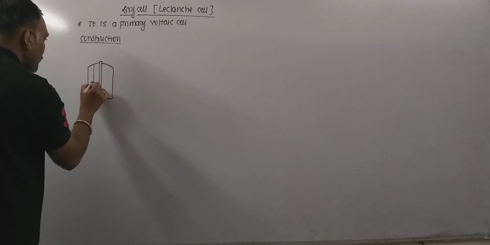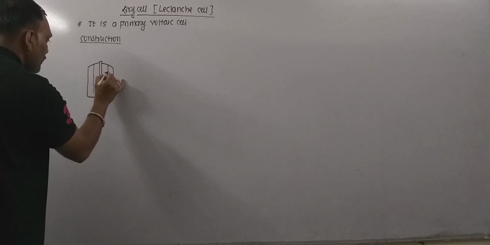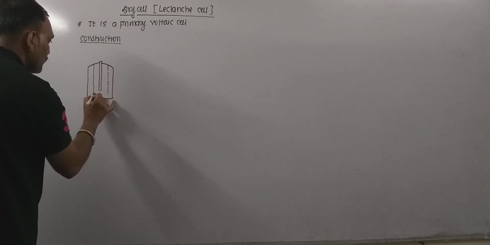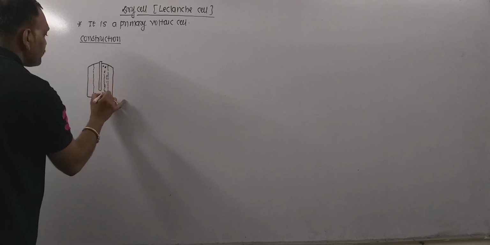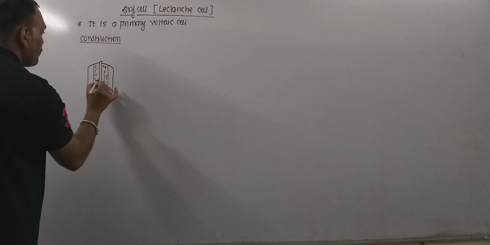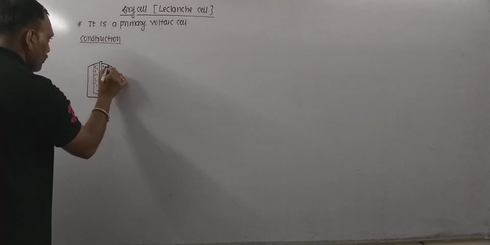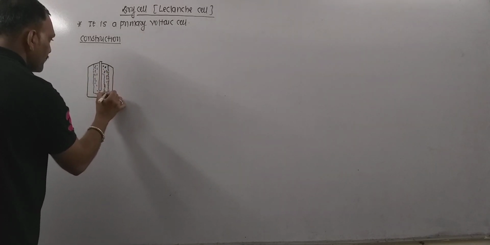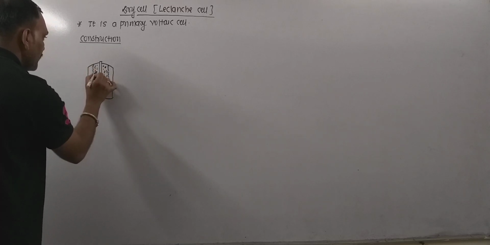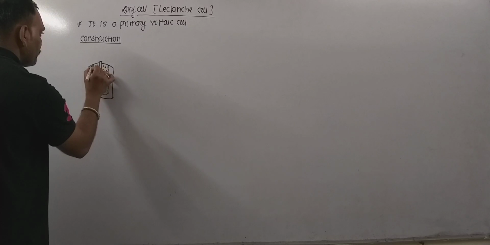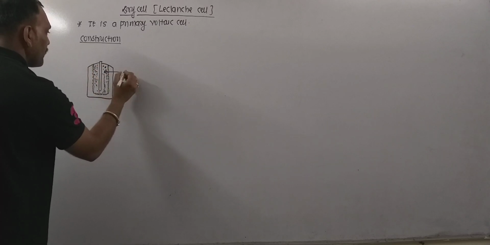There is a cotton partition, and remember, graphite electrode is surrounded by the dry paste of MnO2 and carbon. So here we go. This is the cotton partition, and the dry paste which surrounds the graphite electrode.